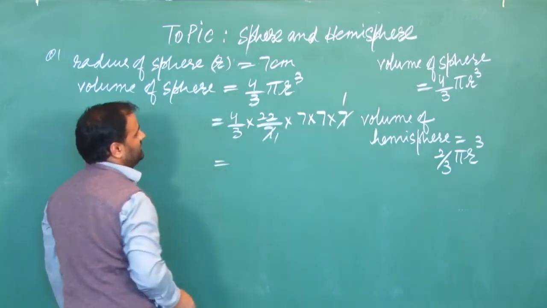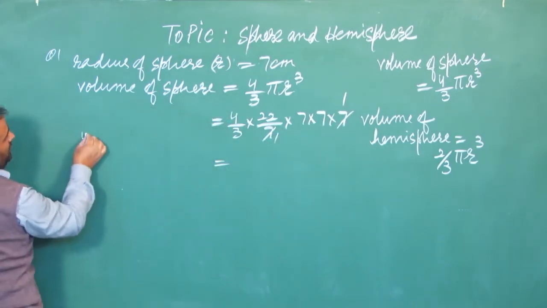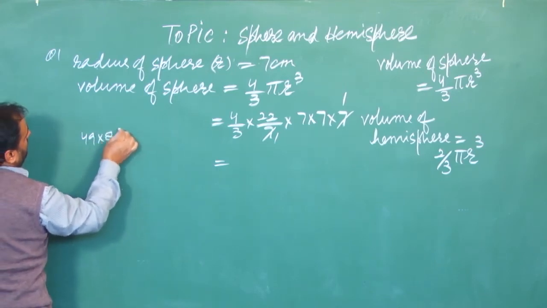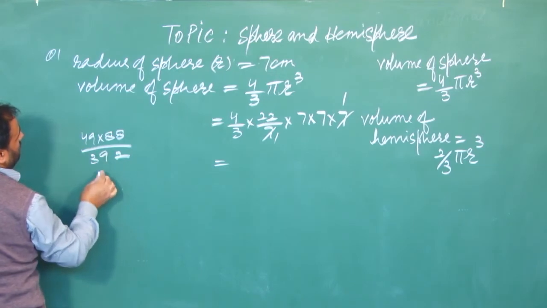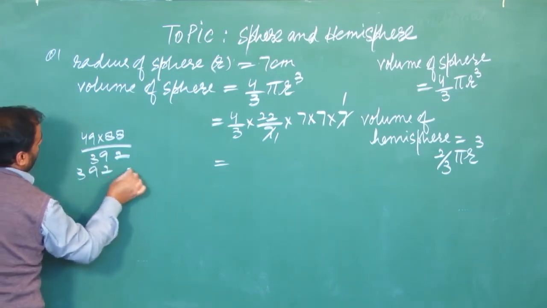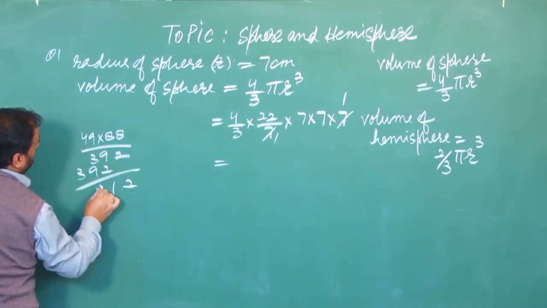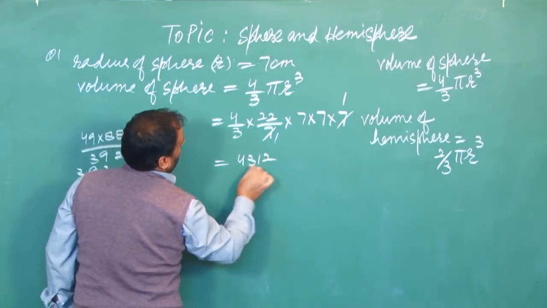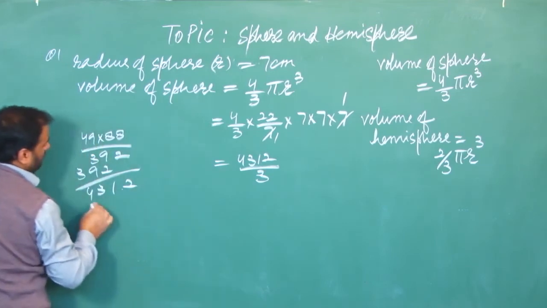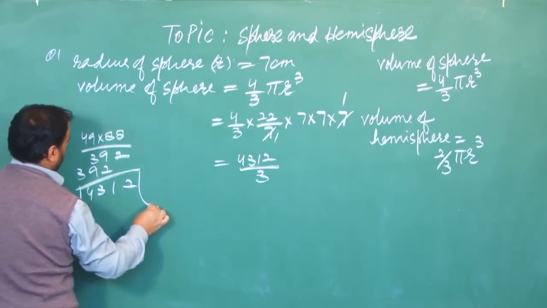So, how much is this? We do 49 into 88. It's 4312 by 3.